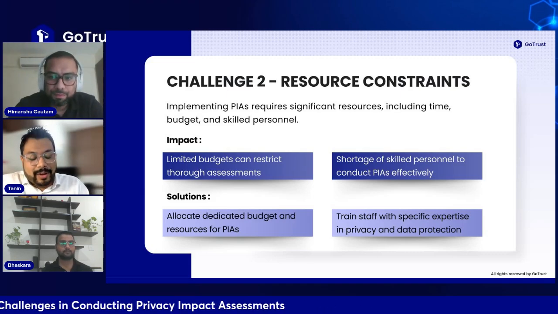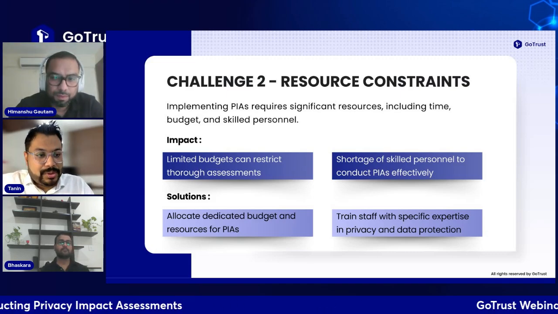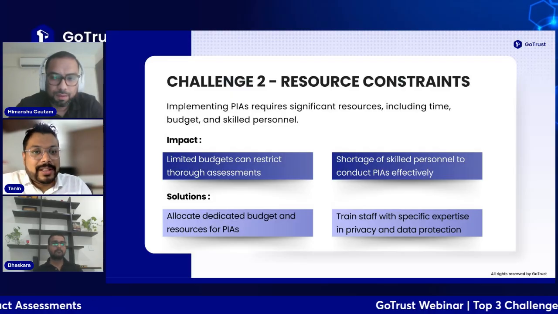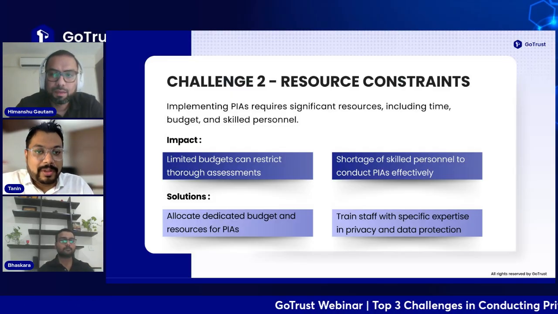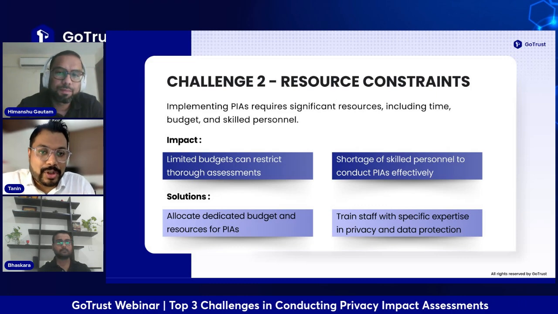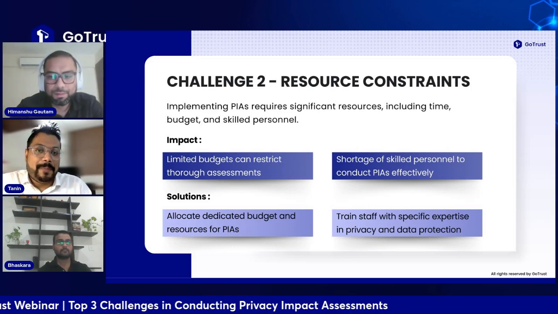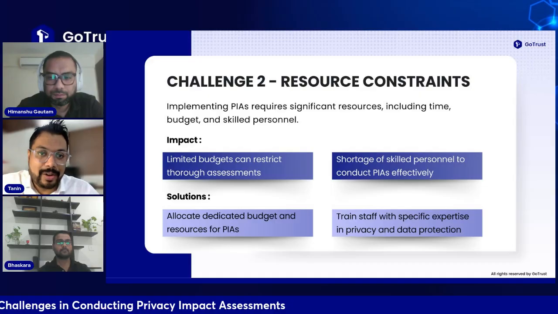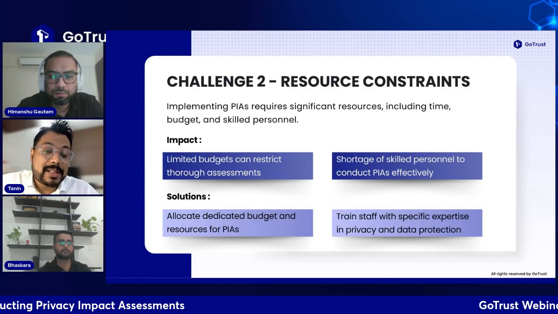I always say that there are two journeys you have to do. One journey is what the company went through when you were not there, and the other journey starts from the day you join the company. So you have to see what happened in the back end before you joined. For the applications that have been onboarded, you have to do a DPIA.